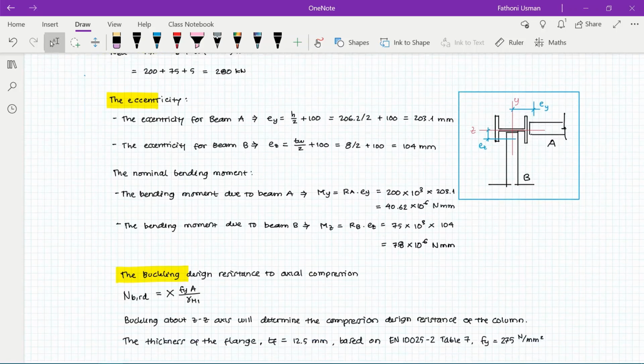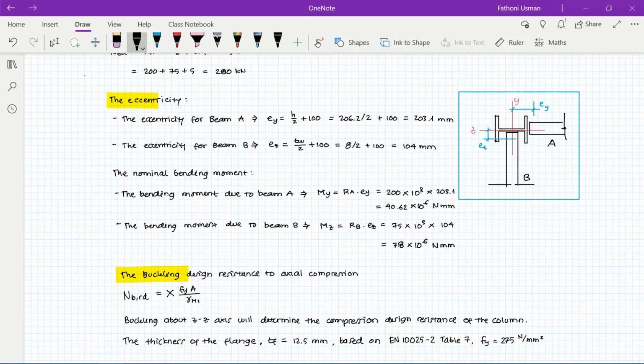So the eccentricity for beam A, from this figure, beam A to the column: beam A is attached to the column and it is about the y-axis. So the eccentricity is the eccentricity about y.